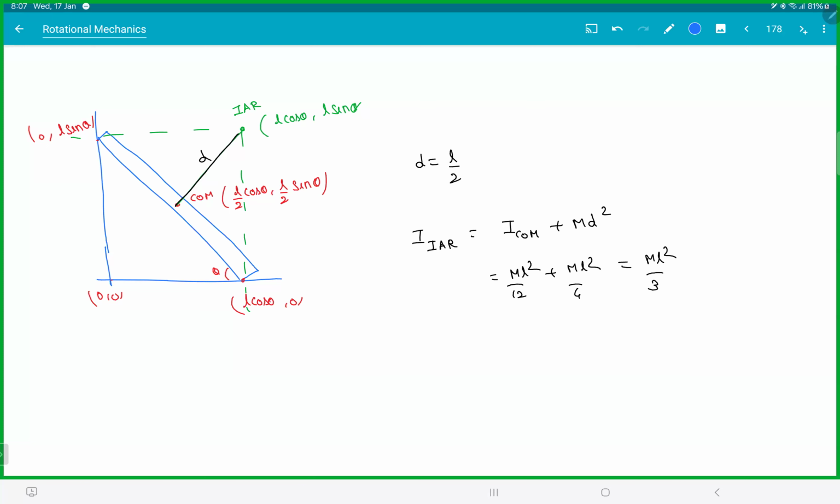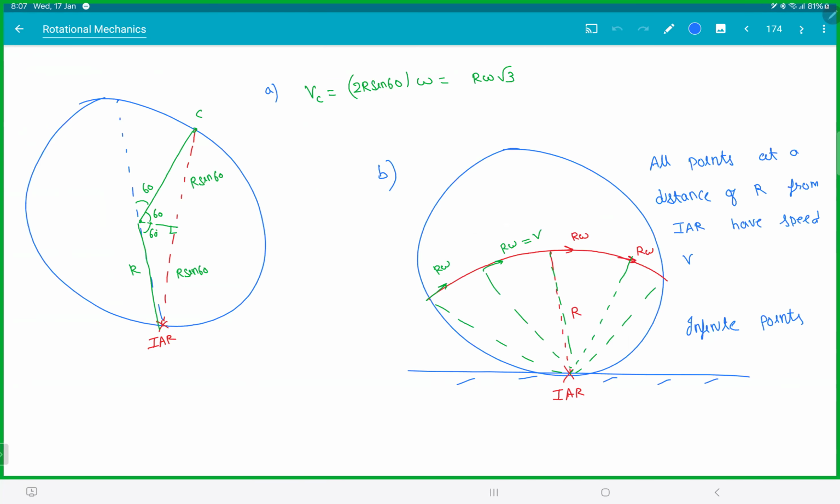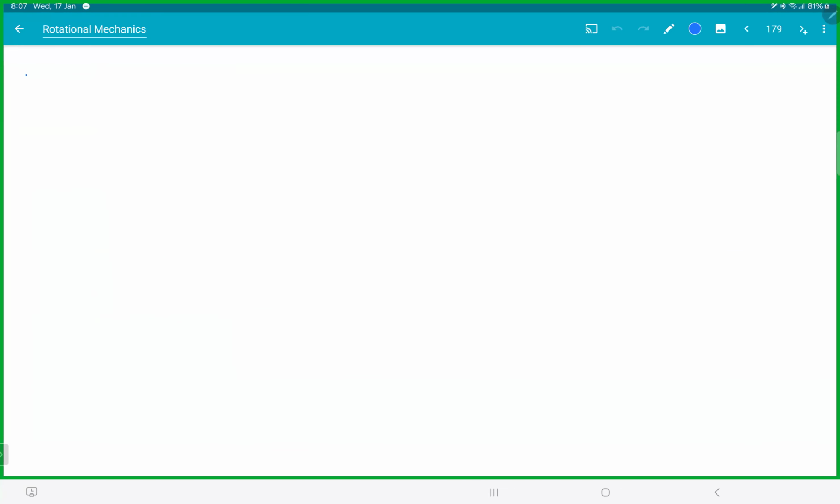Have a look at this. Let me give you one more like this. So using this as a base, can you try this? Same question, but this time I'll give it like this. This will be 120 degrees.